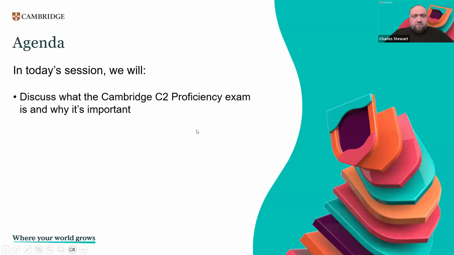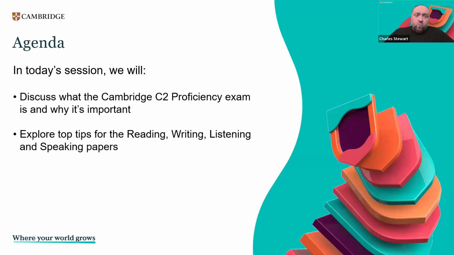Therefore, in this session, firstly, we will look at the C2 Proficiency exam, why it's important, what it is, and some basic facts about taking it. Then we begin to look at all four papers or parts of the exam: the reading, writing, listening, and speaking papers.